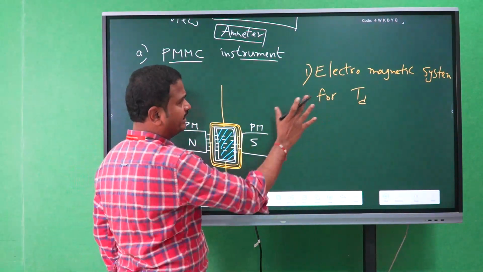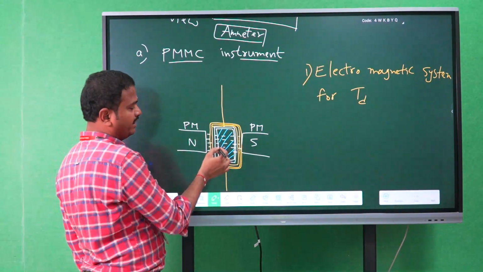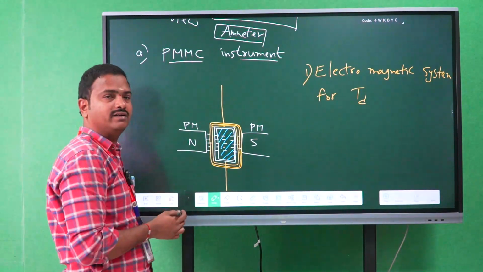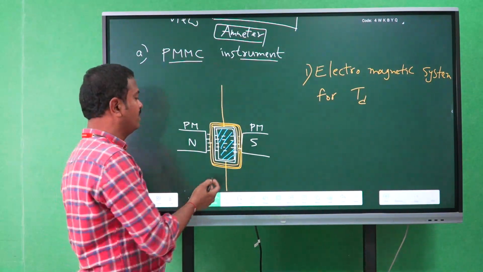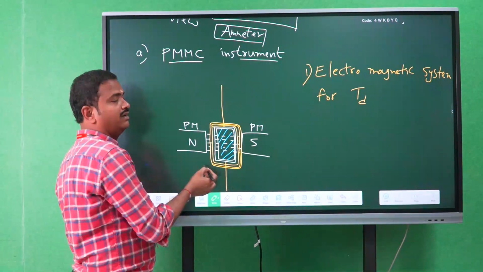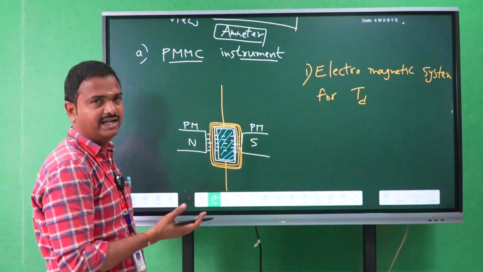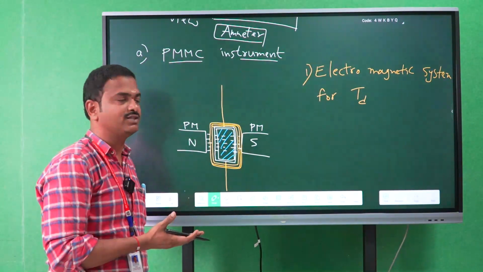For this electromagnetic system we need a permanent magnet and an aluminum former. Inside that we are placing an iron core, and a copper winding is wound on the aluminum former, which carries the current which has to be measured.